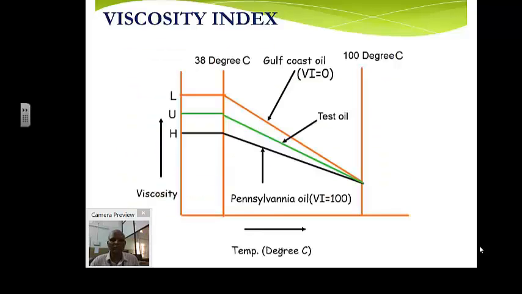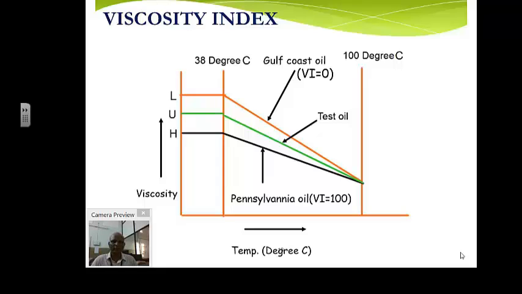We mentioned earlier that viscosity index is a measure of the variation of viscosity with respect to temperature. For determining the viscosity index of a test oil, the following procedure is adopted. The test oil is compared with two different oils, one from the Gulf Coast oil group and another from the Pennsylvania oil group.